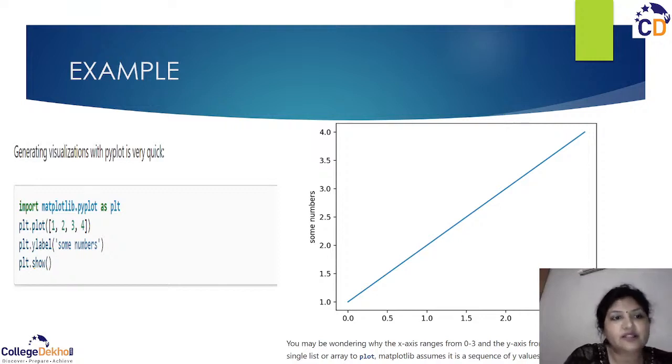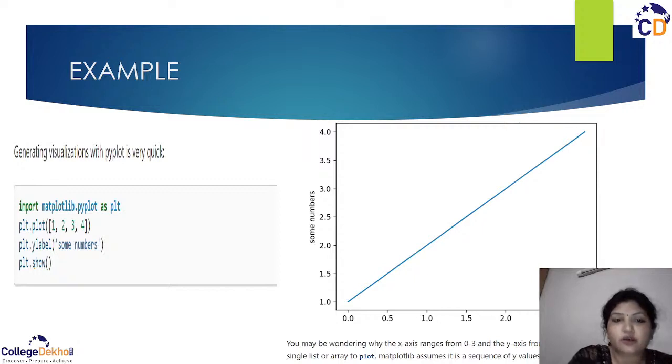Now let us see some more examples of how to use Matplotlib. You have imported the library, that is matplotlib.pyplot as plt. Then by calling the plot function you are passing four values, that is 1, 2, 3, 4.